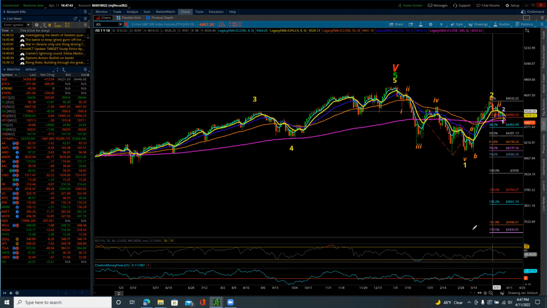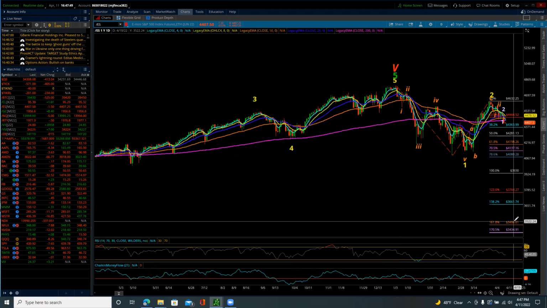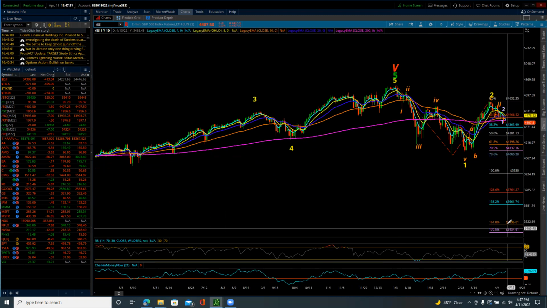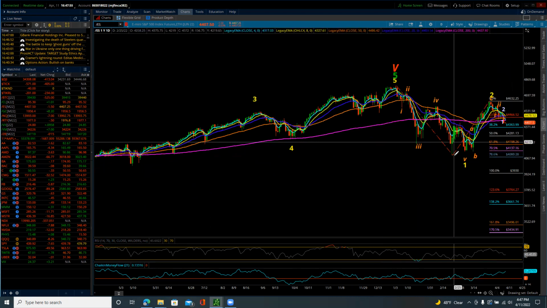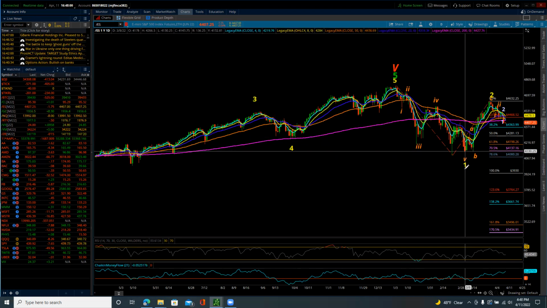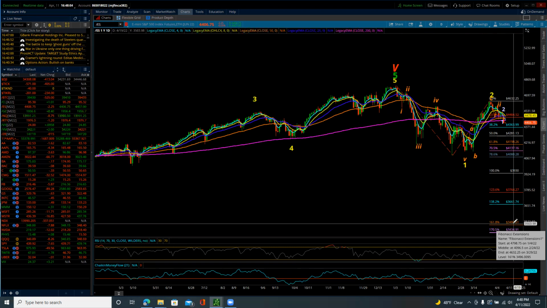That third wave down of intermediate degree, in my opinion, will get us to 3496. That's where wave 3 would be equal to 1.618 times the length of intermediate wave 1. That brings us down to 3496.